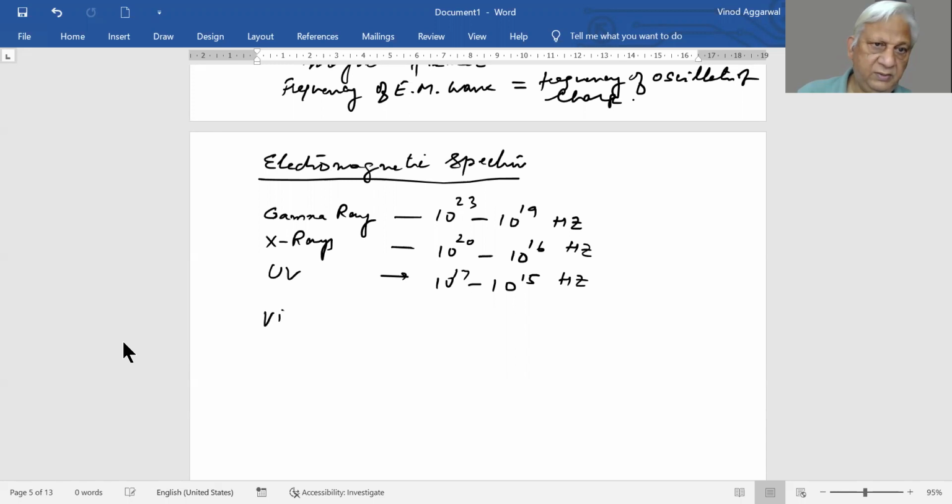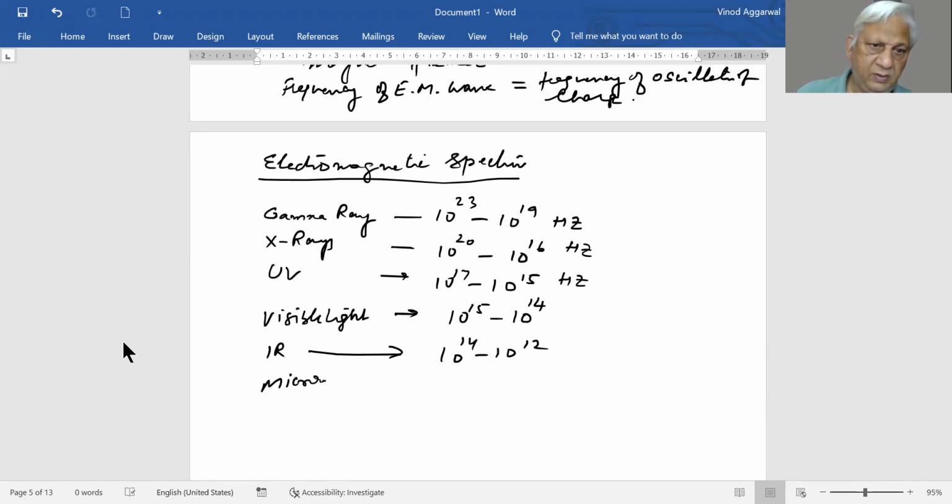UV and visible light fall in the range of 10 to 15 to 10 to 14. Then you have IR. It goes from 10 to 14 to 10 to 12.